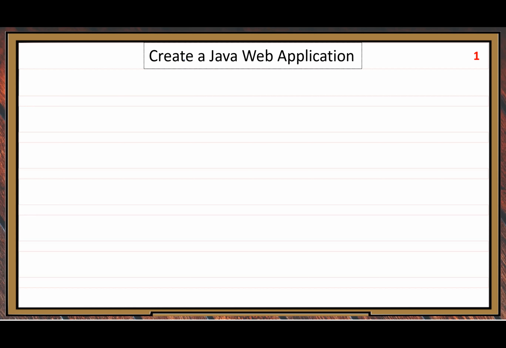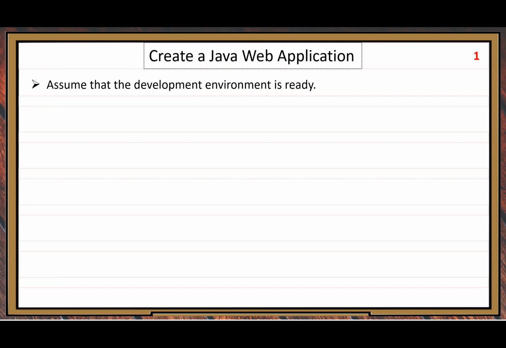So let's go through creating a Java web application step by step. This time again, I try to add some more details. First, let us assume the development environment is ready. What I mean is, we installed Eclipse for Java EE. And we installed the JDK, not a JRE, the JDK.